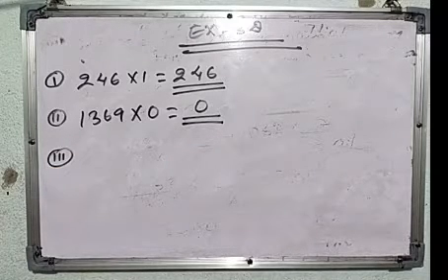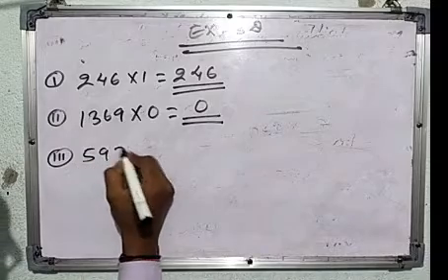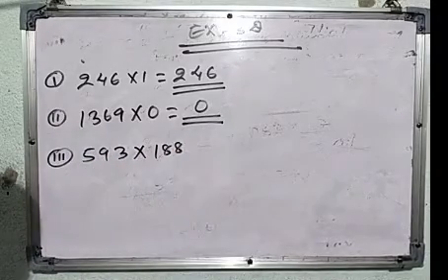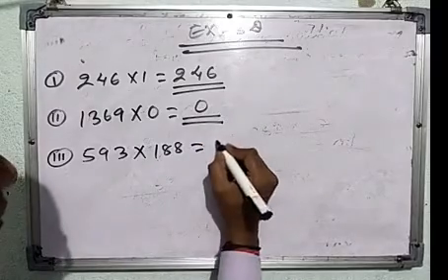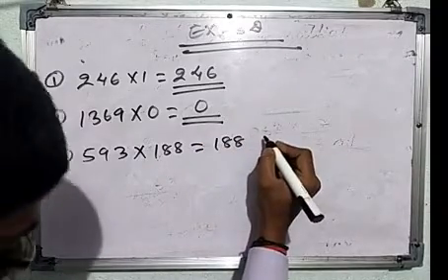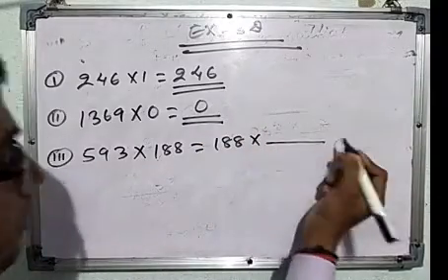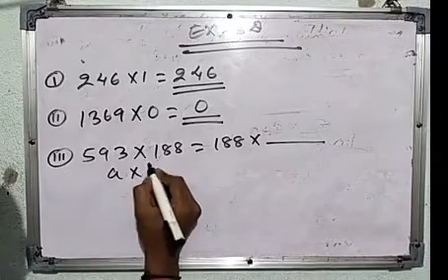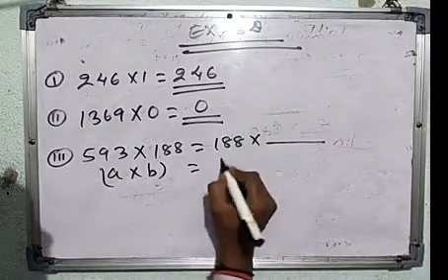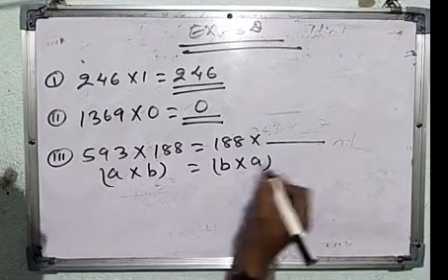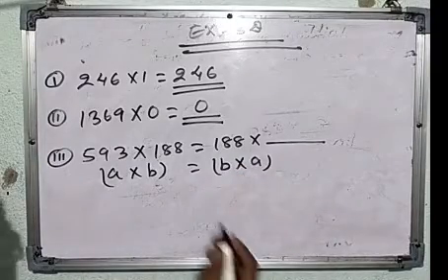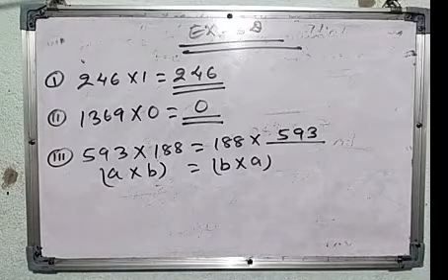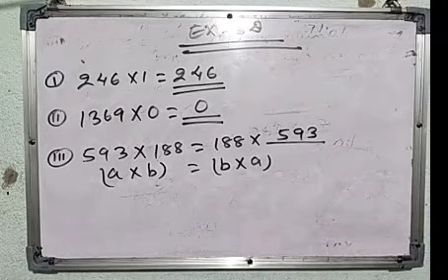Your question third, 593 into 188 equal to 188 into what? You have learned in commutative law that A into B always equal to B into A. So your value of A is 593. So here you write 593.